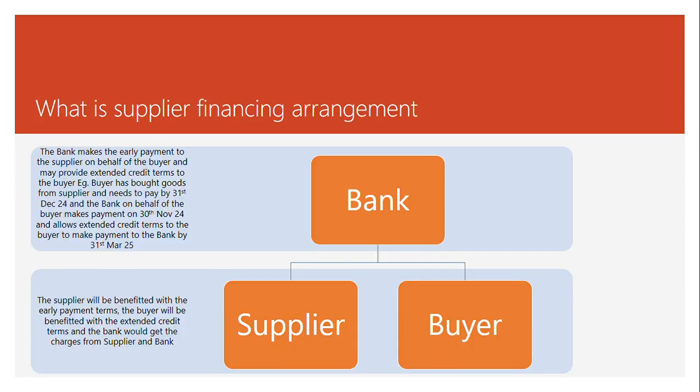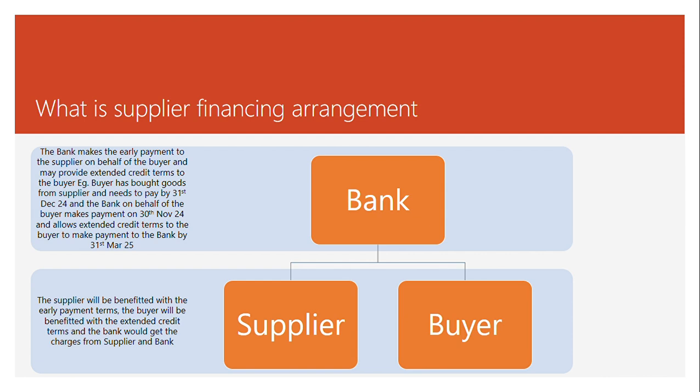What is the supplier financing arrangement? The supplier financing arrangement is an arrangement where the buyer has to make a payment to the supplier and the bank makes an early payment to the supplier, and the buyer in turn gets extended credit terms from the bank.